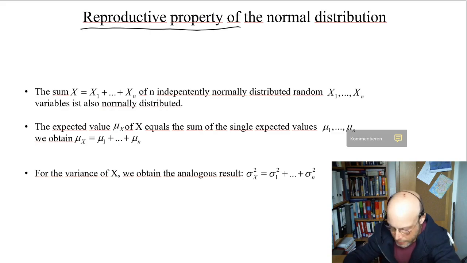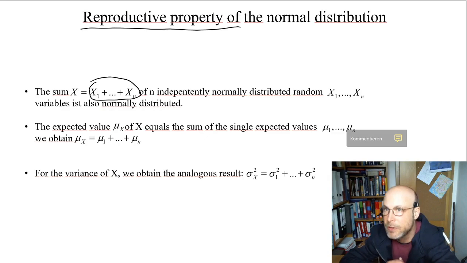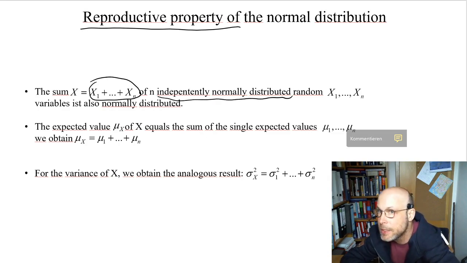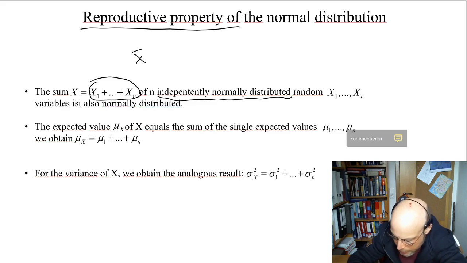this property, because we can say if we have single random variables which are independently normally distributed, that then also the sum of these random variables is also normally distributed. And why is it though important? Of course, x bar, the arithmetic mean, is nothing else than more or less 1/n times x1 plus x2 plus xn.